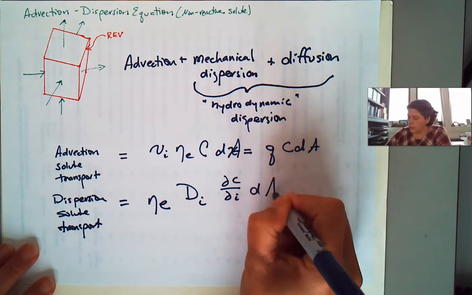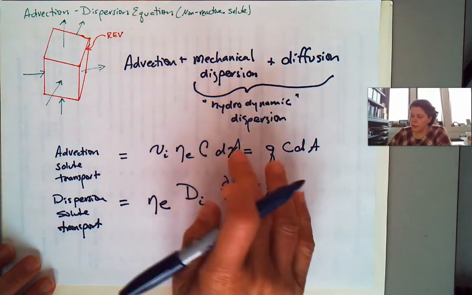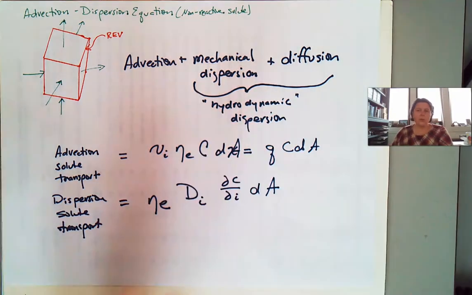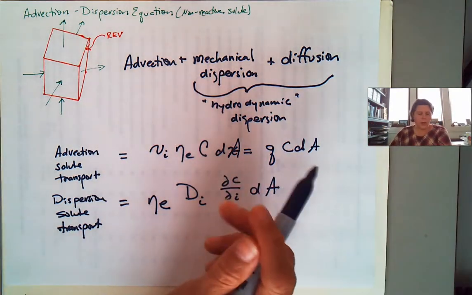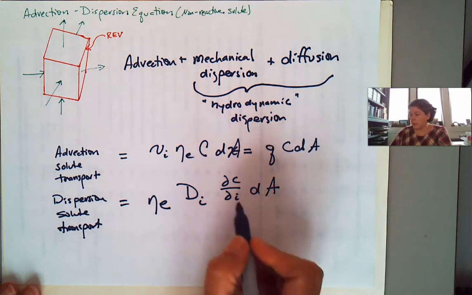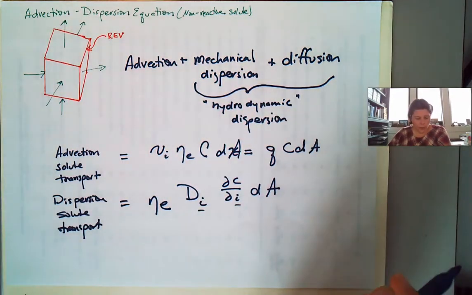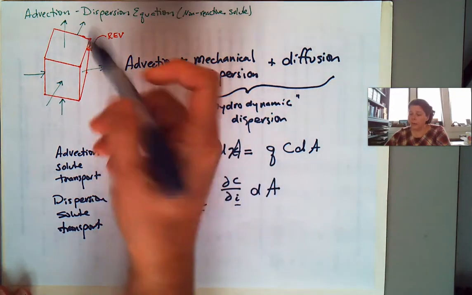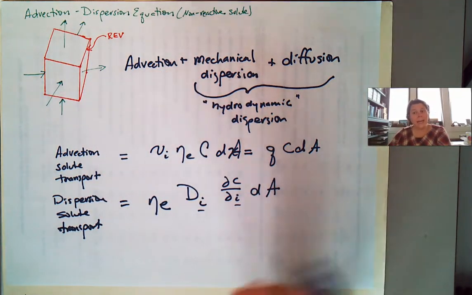So this is dispersion and this is advection. The total of these two, because we're looking at the advection dispersion equation together, is the total mass of solute transport in the nth direction, whatever direction the groundwater is flowing, per unit area, per unit time.